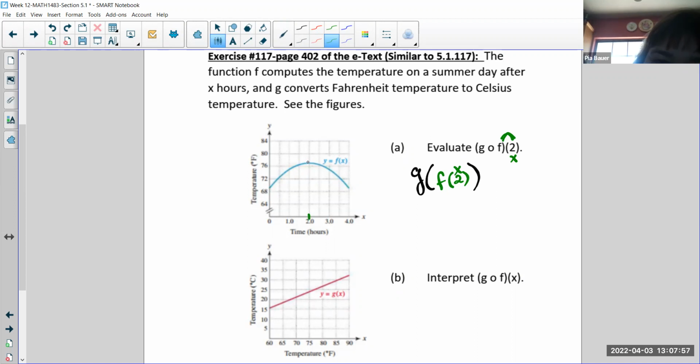I find my Y value, and I'm going to have to guess because that's going by increments of 4. So it's somewhere between 76 and 80. So maybe 78 or 77. So I'm going to say that it's approximately equal to 77. But that's actually just my inside function. Sorry. So I have G of 77.